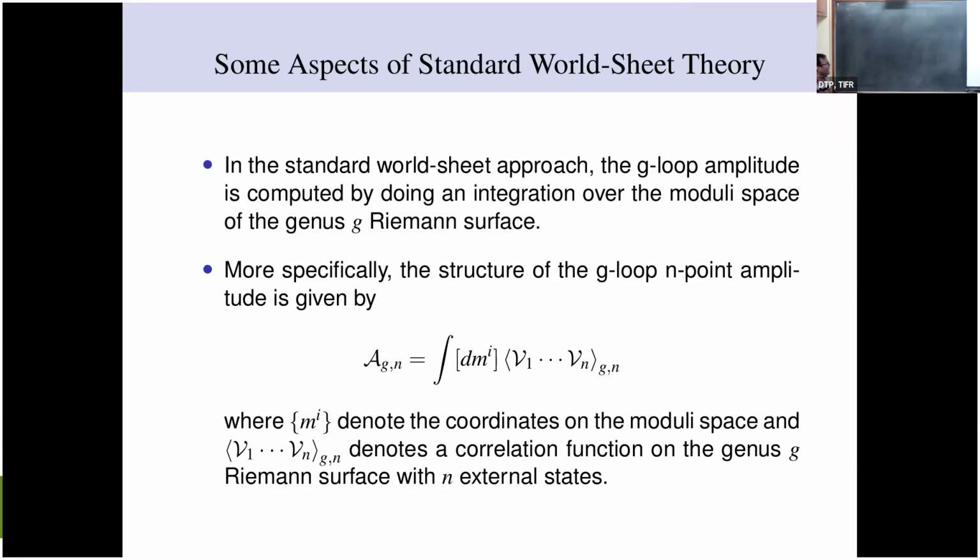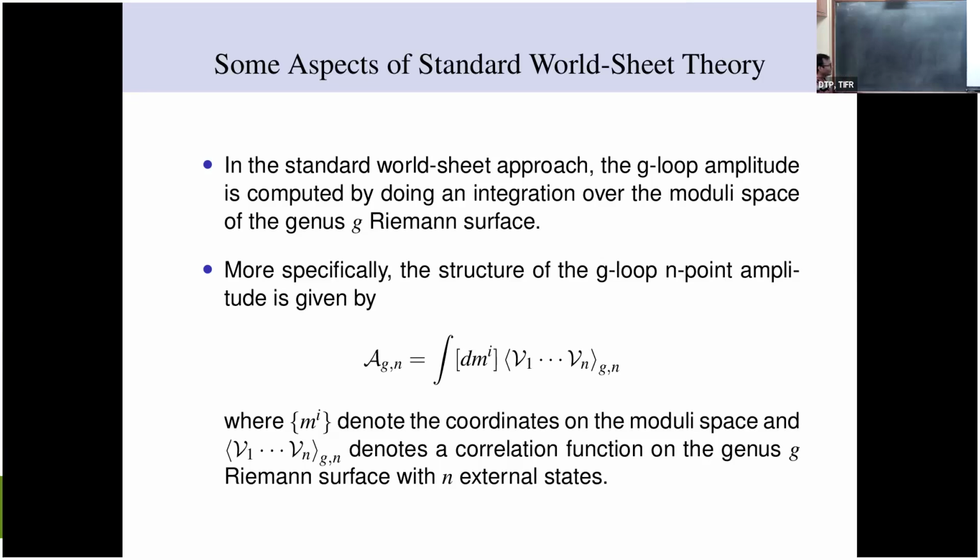More specifically, suppose you want to compute some n-point string amplitude. You first consider a correlation function. These V_i, say V_1 to V_n, represent the input information about your string states, and they are vertex operators.